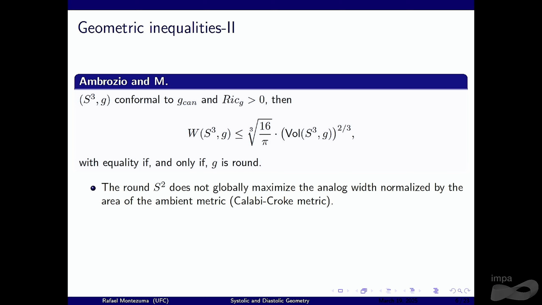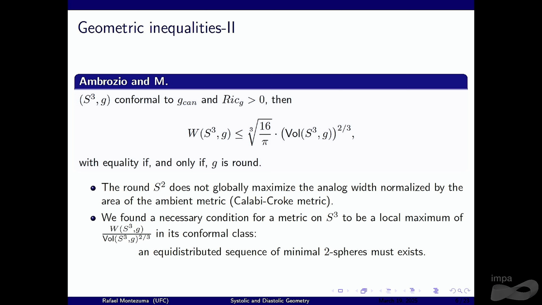There's the Calabi-Croke metric, which is also going to be relevant later in the talk. So I'm not going to spend time now discussing this. But we know after results of Alberto and Humberto, Pedro and Abraham that it's a local maximizer of the systole and also the width in this case, right?